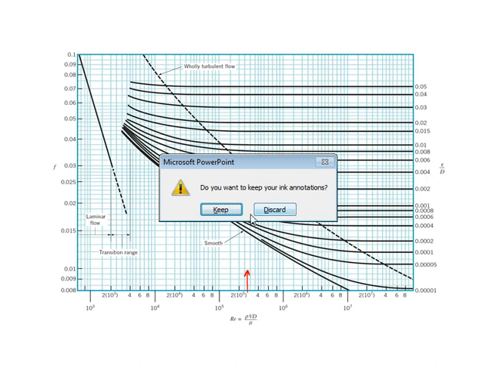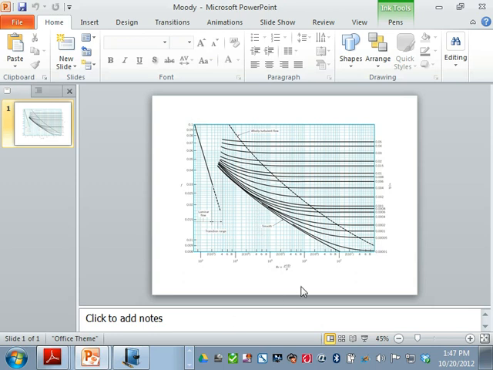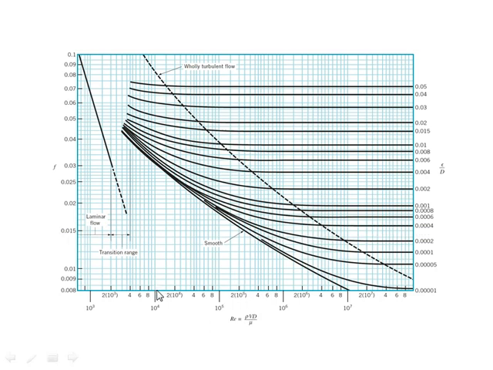Wrong. I read wrong, sorry. I read here, mistake. 26,000, is it? So it should be here, 10,000. 26 should be here. Alright, so the Fanning friction factor is around... oh, one line below.